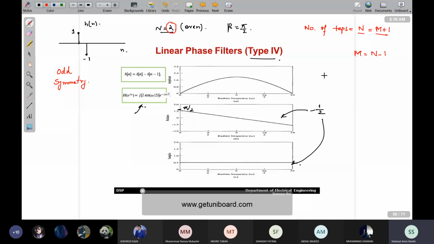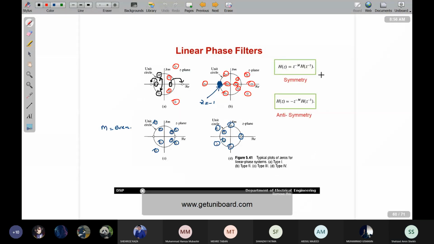Any other question regarding linear phase filters? Now let's talk about the location of zeros in type 1, type 2, type 3 and type 4 filters.